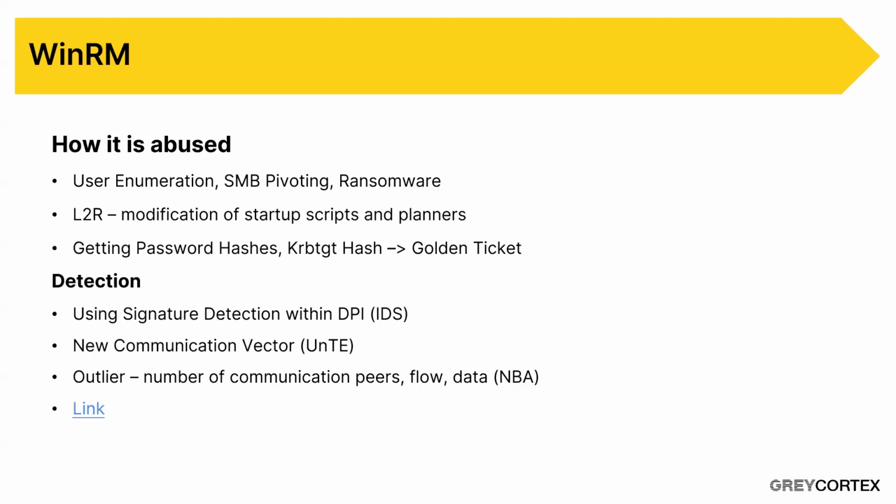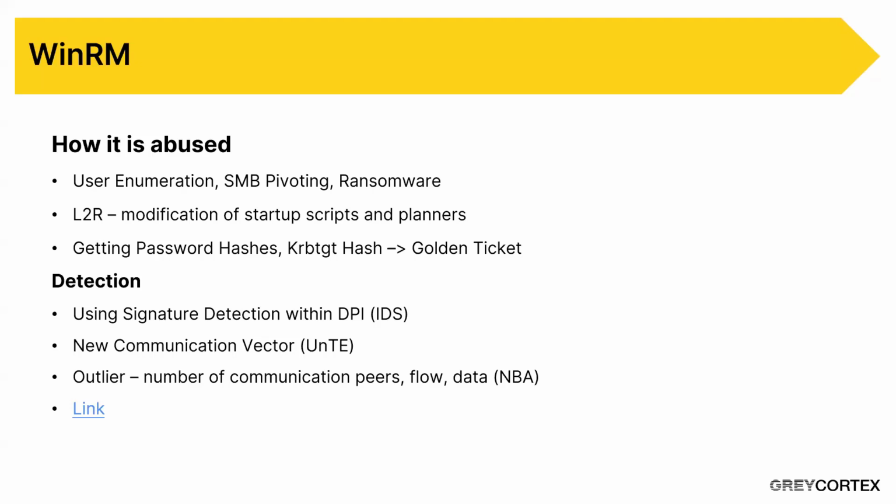We can also use L2R, left to right, to modify startup scripts or planners, that kind of thing. We are able to get some password hashes, like the Kerberos hash. It can deliver you the golden ticket, where you don't need credentials anymore.